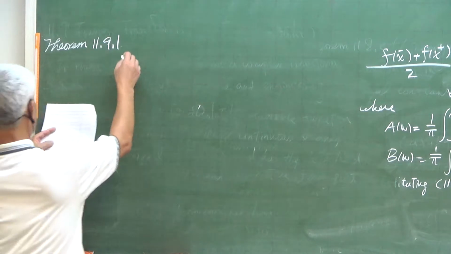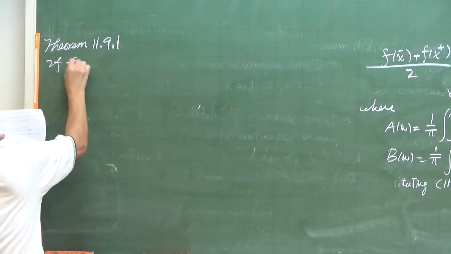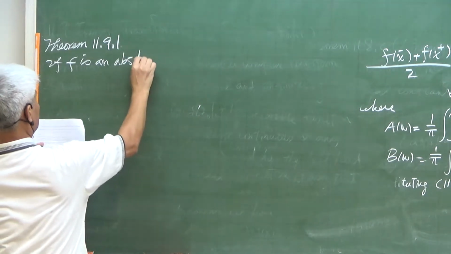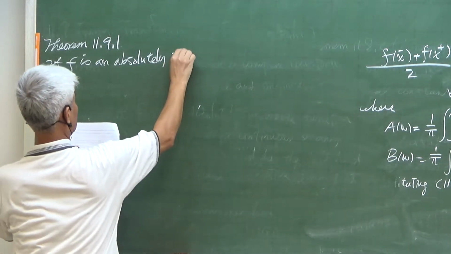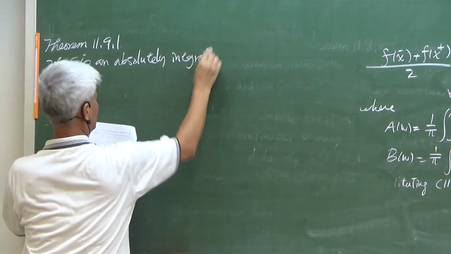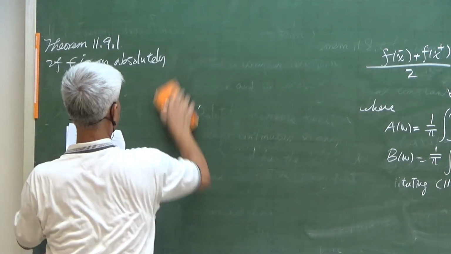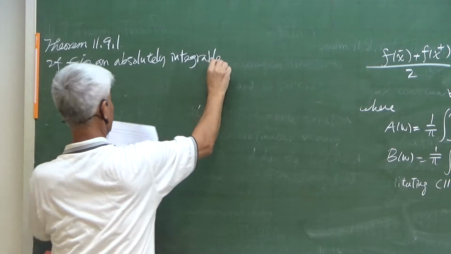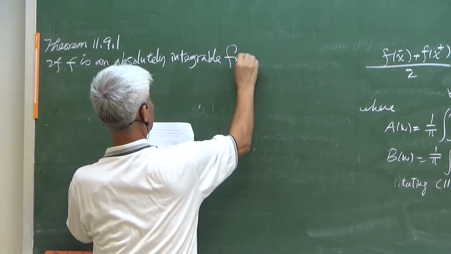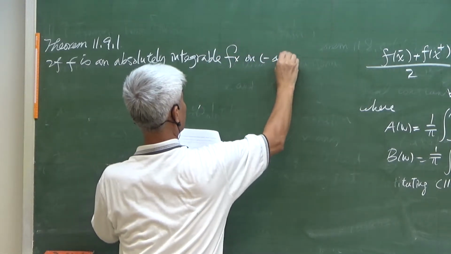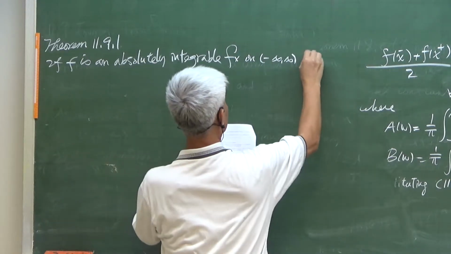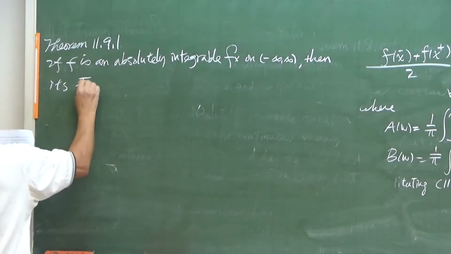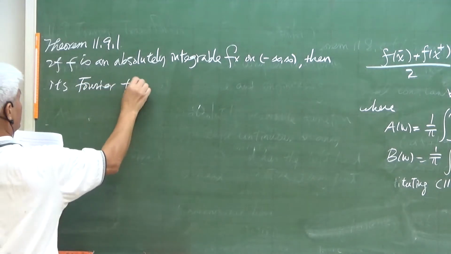So if f is an absolutely integrable function on the whole real line, then its Fourier transform exists.